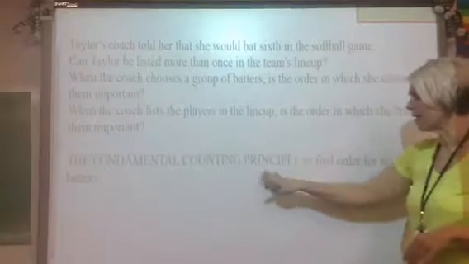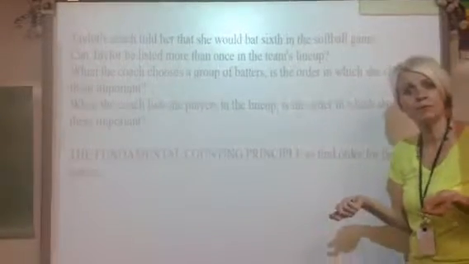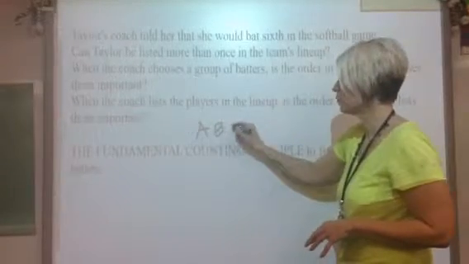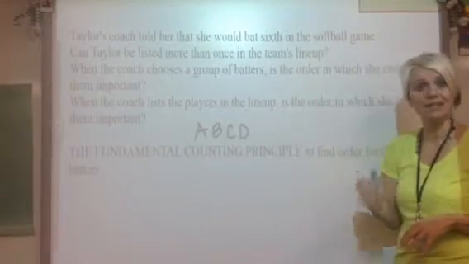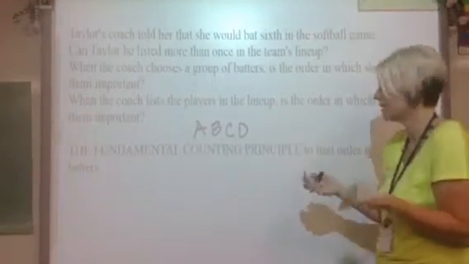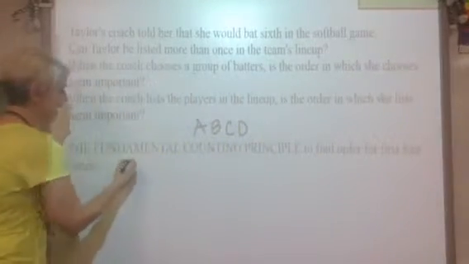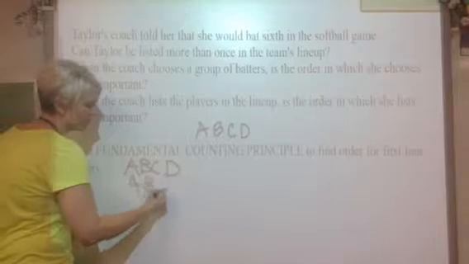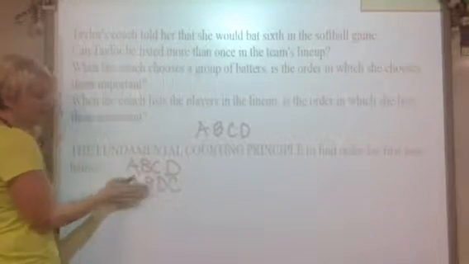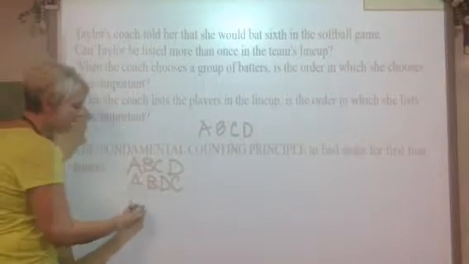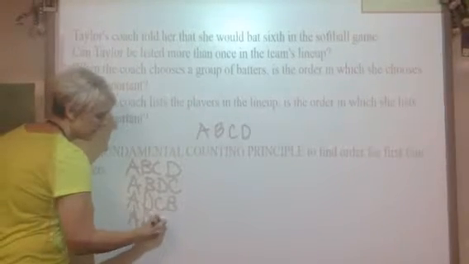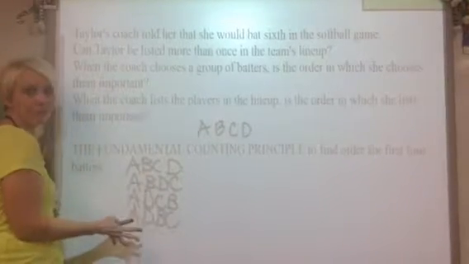Now, the fundamental counting principle is when you list all the possible outcomes. Let's just take the first 4 batters, and say that they are A, B, C, and D. All the options I have are: I could have A, B, C, D, or I could have A, B, D, C, and those are my options with A, B first. Then I could have A, D, and we could keep going.